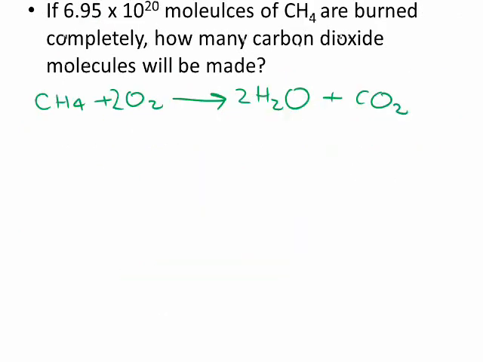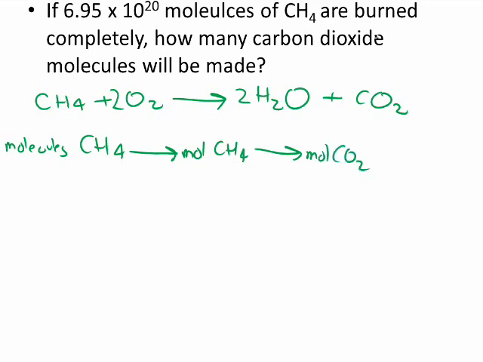Okay, if 6.95 times 10 to the 20 molecules of CH4 are burned completely, how many carbon dioxide molecules will be made? That means we have to start with the molecules of CH4, go to the moles of CH4. The mole has to talk to the other mole, CO2, and then we get the molecules of CO2.